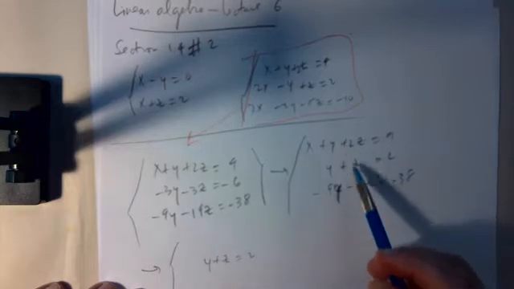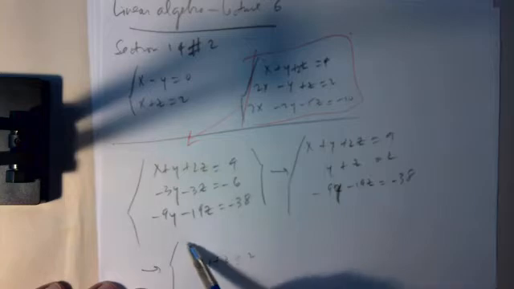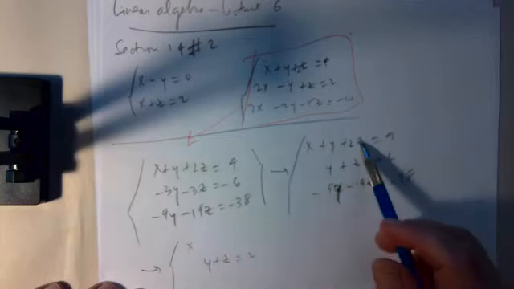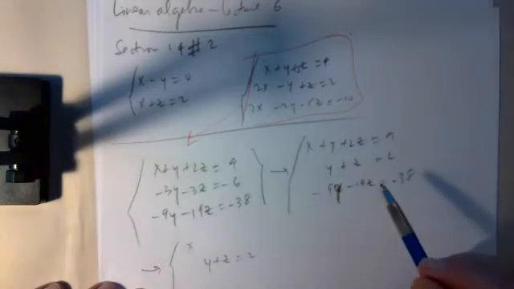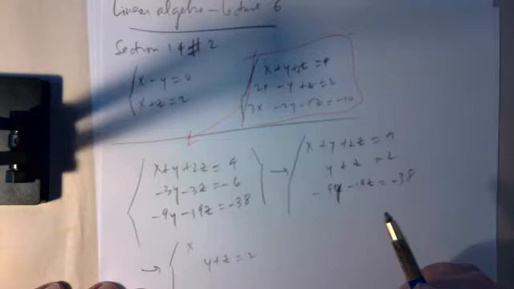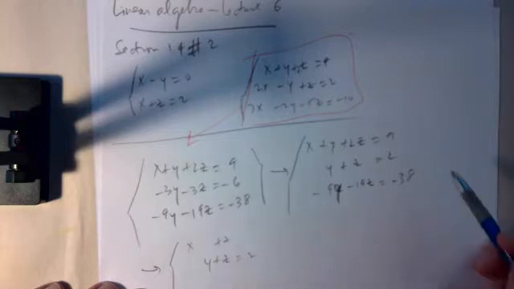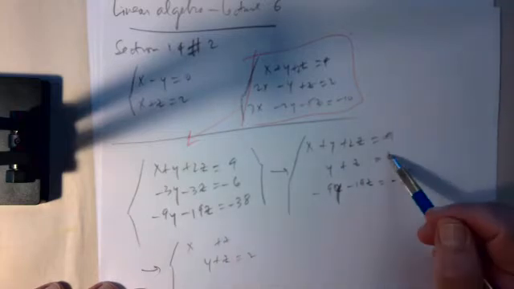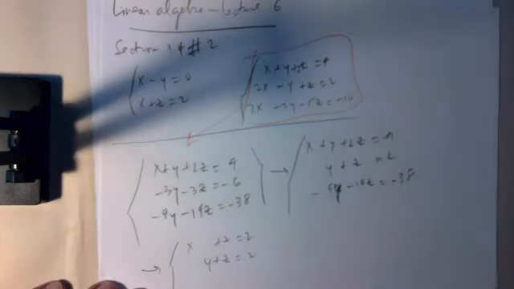If I take the first equation minus the second, I get x, y minus y, 2z minus z is z, and 4 minus 2 is 2.